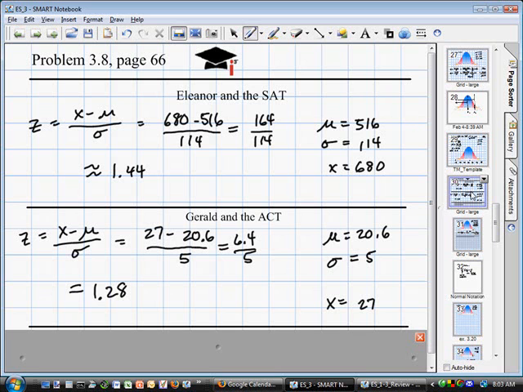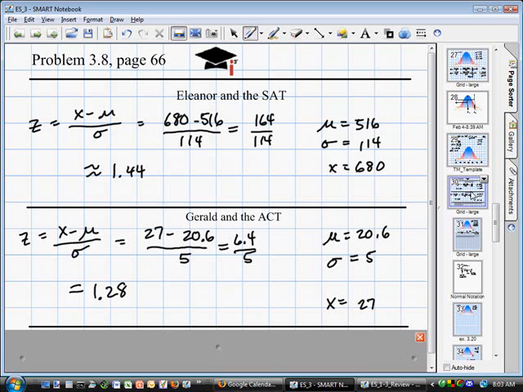That tells me that Eleanor did better, because her standard score is higher than his. Eleanor is farther to the right of the mean than Gerald is. Even though they have totally different scales, I now can compare them.